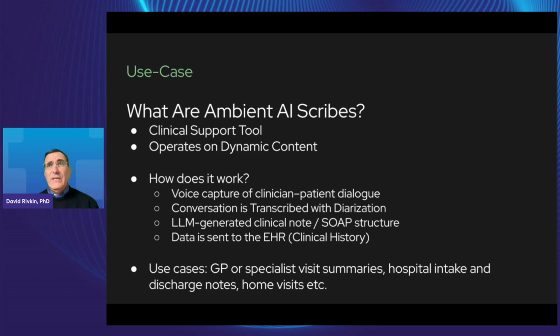But this could be a GP, a specialist, your hospital intake or discharge notes, home visits from a visiting nurse, could be going to the physiotherapist, the occupational therapist, speech therapist. Any clinical information can now be used with an Ambient AI Scribe.